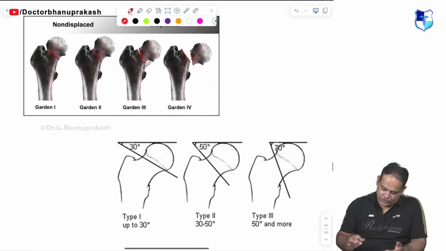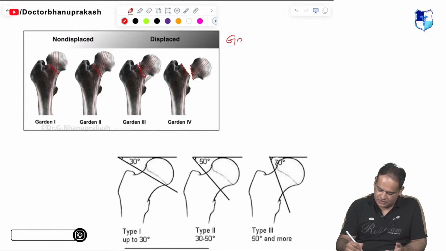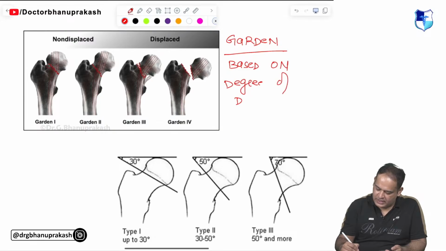Now here also you must remember the classification systems. So first classification system is Garden. Now it is based on degree of displacement.